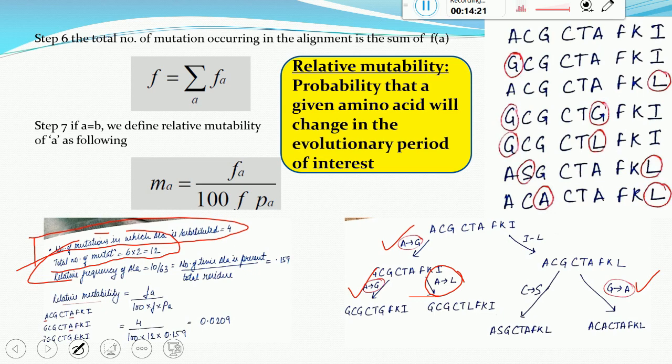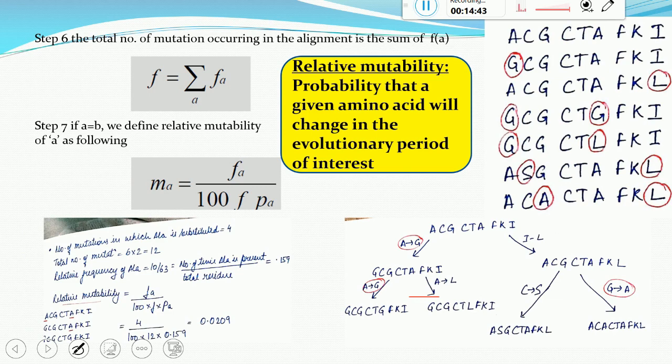Now we have to calculate the relative frequency for alanine. The relative frequency is 10 upon 63. How do we get this 10 upon 63? The formula is the number of times alanine is present divided by the total residues. So the number of alanine we have calculated from this picture.